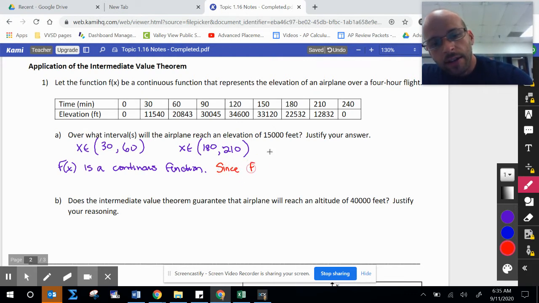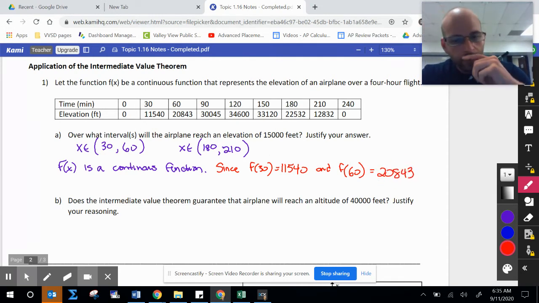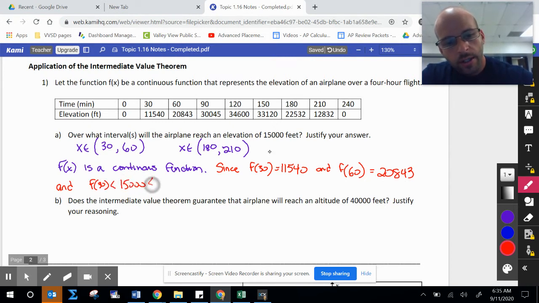since f of 30 is equal to 11,540 and f of 60 is equal to 20,843, and I'm going to say f of 30 is less than 1,500, which is less than f of 60.